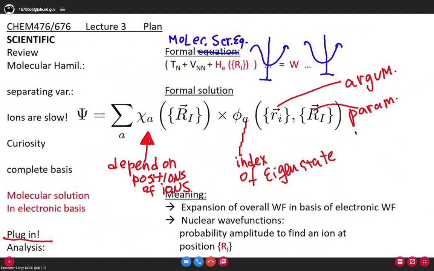So your wave function is describing your system. This capital psi describes the whole molecule. Again, I was playing lazy and didn't write everything explicitly, but here there should be brackets, and it should be the list of all electronic positions and all nuclear positions.